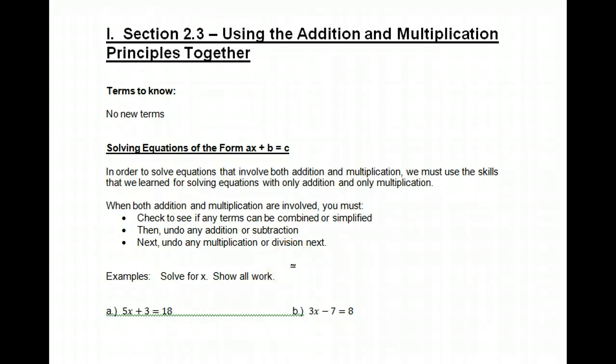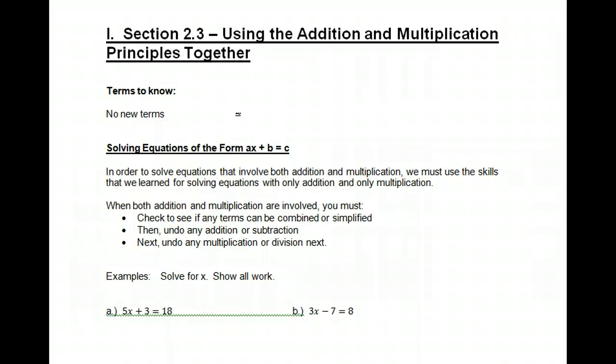Now, in order for us to solve equations that involve addition and multiplication, we have to use the skills that we learned for solving equations that had only addition and only multiplication.